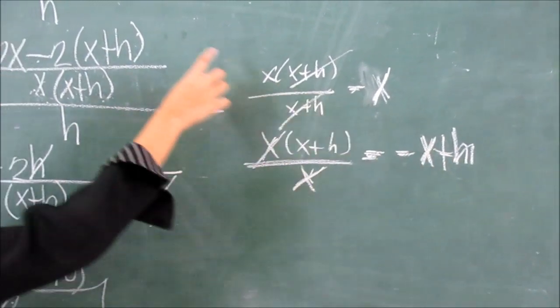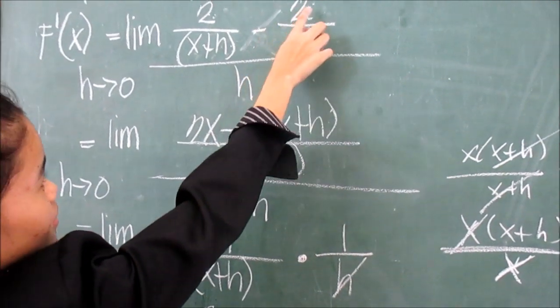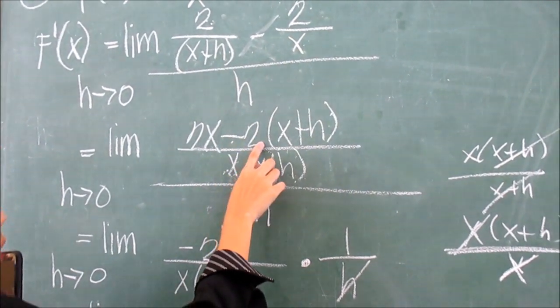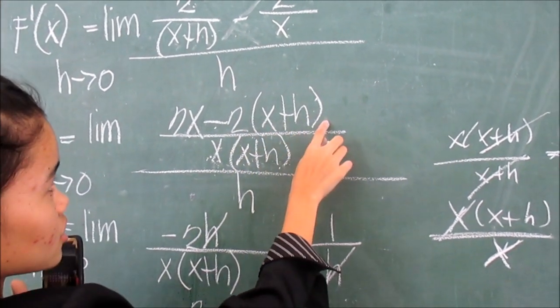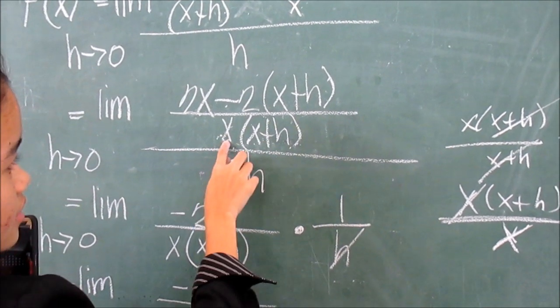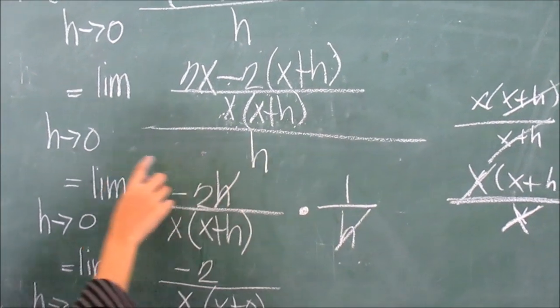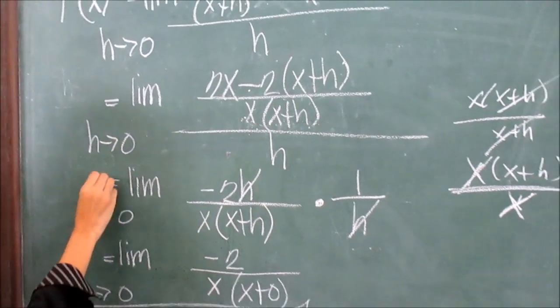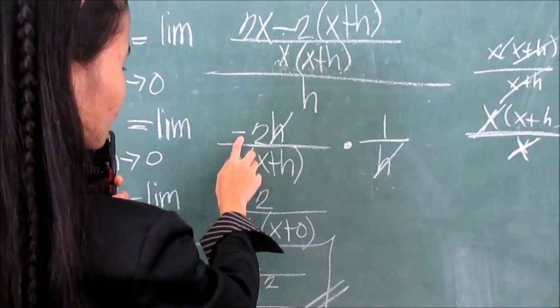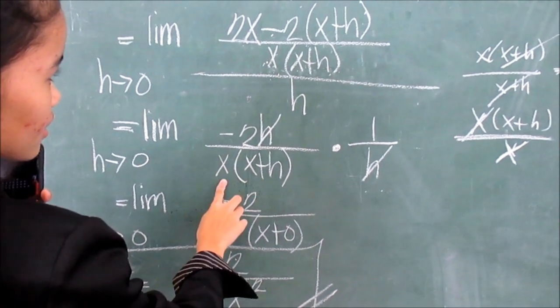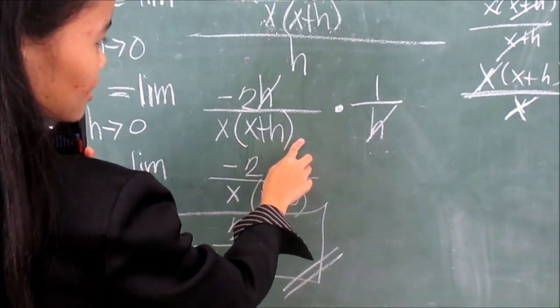Negative x plus h times negative 2 is equal to negative 2 quantity x plus h, over x times x plus h, over h as h approaches 0. Next is limit negative 2h over x times x plus h.